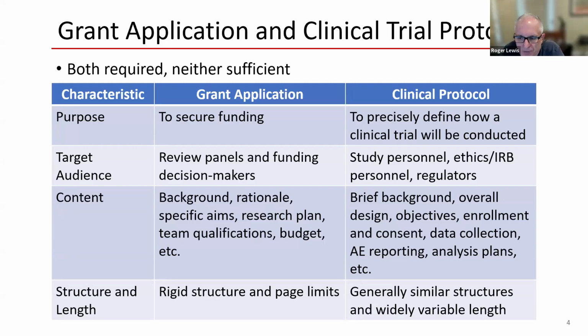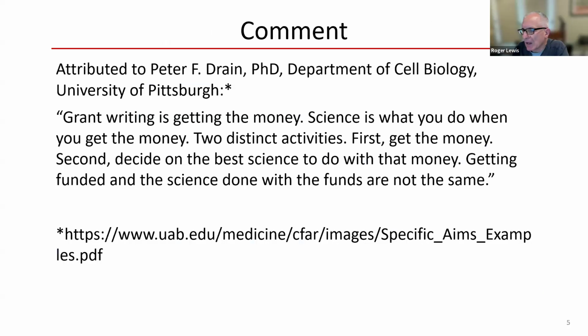Because the complexity of a clinical trial varies widely, the lengths of these documents, clinical protocols, vary widely. But I would say typical is 30 to 150 pages. If I see a clinical protocol that's 12 pages, I think someone has tried to take their grant application and quickly edit it and try to call it a protocol, and it will likely have substantial holes.